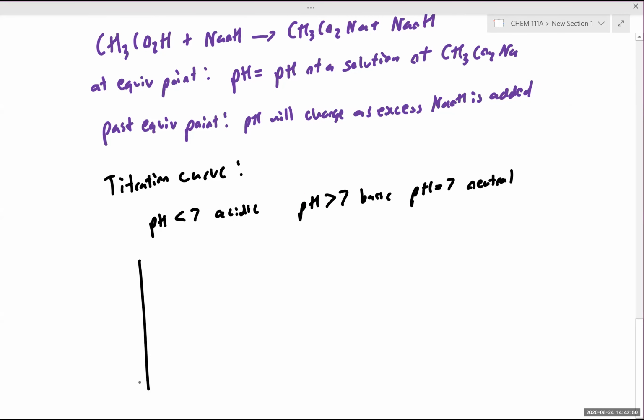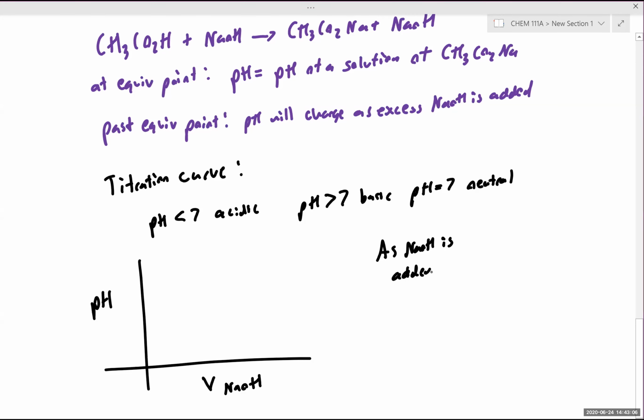Now, a titration curve shows the pH as a function of the volume of sodium hydroxide in this case. And we know that as sodium hydroxide is added, the pH increases. So initially we start with a pH around here.